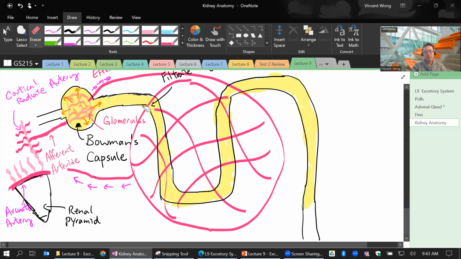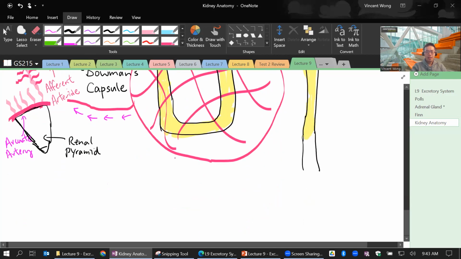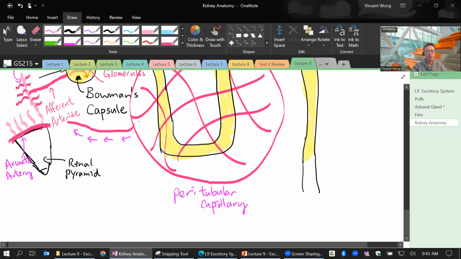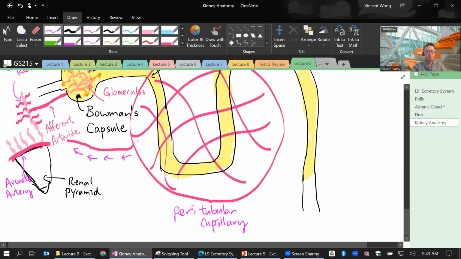Okay, so this network of capillaries, that's called the peritubular capillary. I know it's a lot of terms. I'm sorry. Peritubular capillary. Okay.